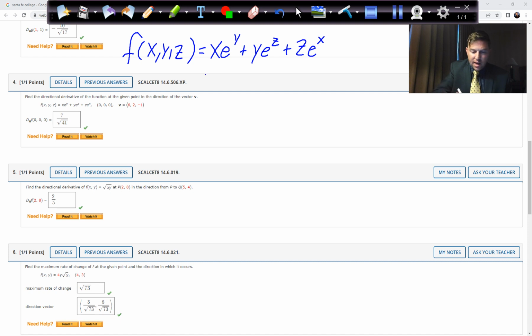And we want it at the point (0, 0, 0), and our vector is (6, 2, -1).